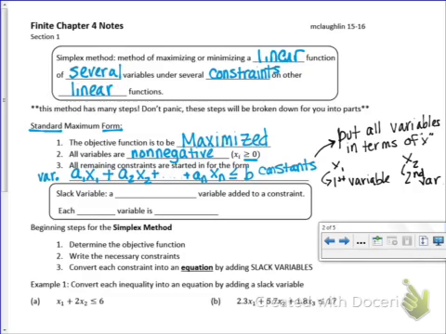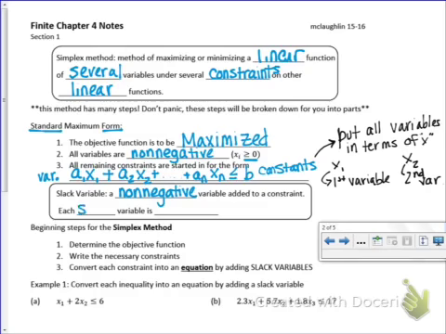Okay, now what's going to happen is that because we're going to change an inequality to an equation, we have to pick up some of the slack that's going to happen when we do that, because inequalities and equations are different. So this slack variable is, once again, a non-negative variable that we're going to add to a constraint.